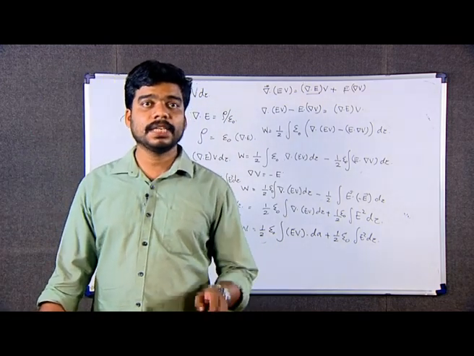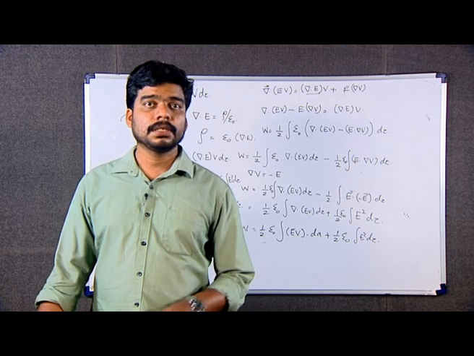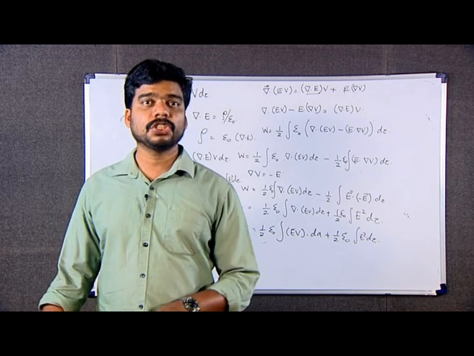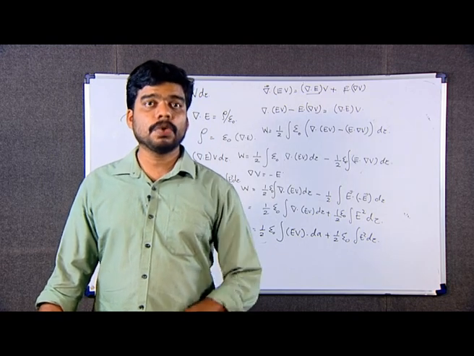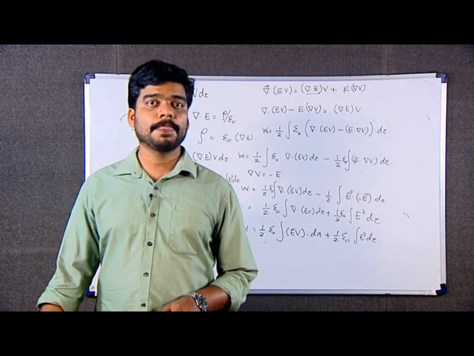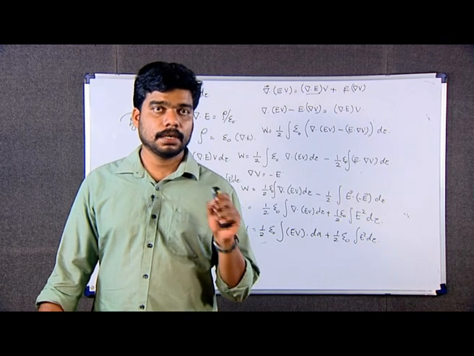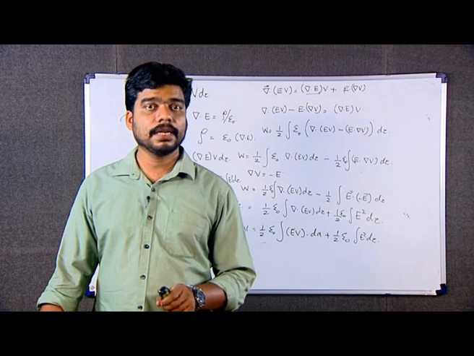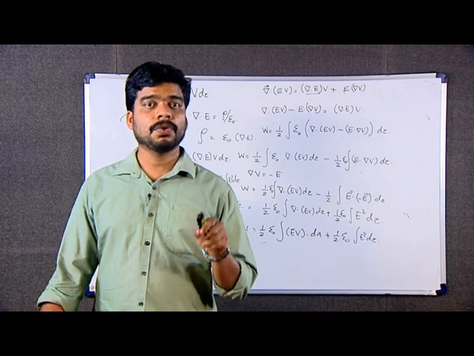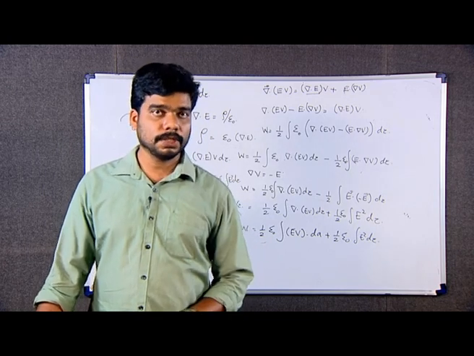So, what is the energy density? The energy density is defined as the energy stored per unit volume, and you can easily derive it as half epsilon 0 E square.